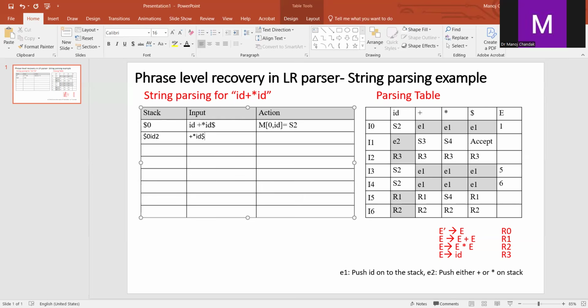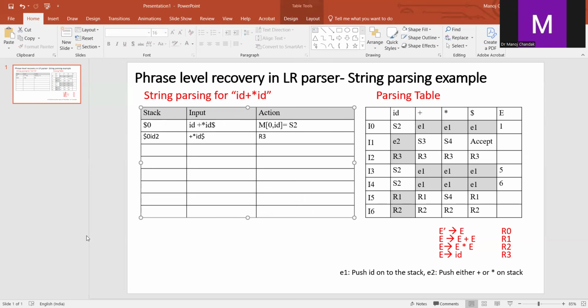So this is all we have already discussed when we covered the parsing. And next is the iteration of state 2 with the symbol plus. So state 2 with symbol plus is R3, and rule 3 is E derives to ID. So this is R3.